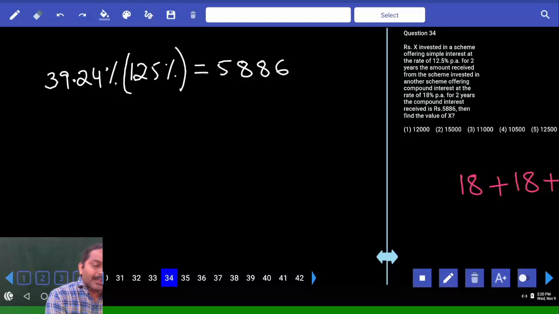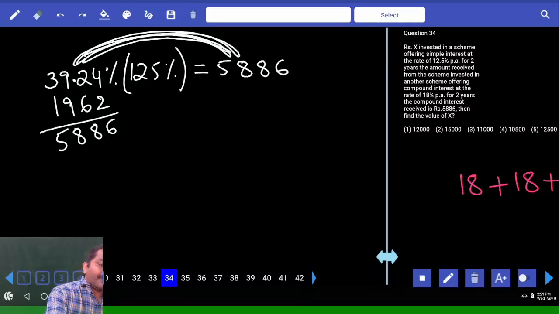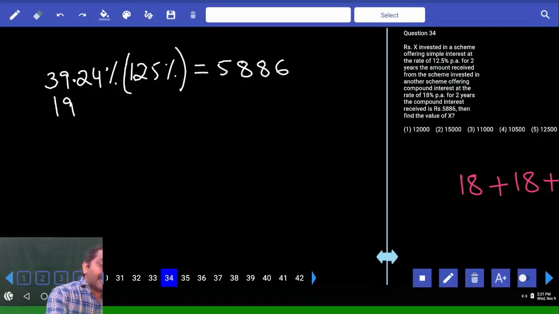Agreed? Now tell me what is 100 times of this number? What is half of that? 1, 9, 6, 2. If you add these two, 6, 8, 8, 5. Correct? That means the right hand side number is 1.5 times of this number, apart from the decimal.